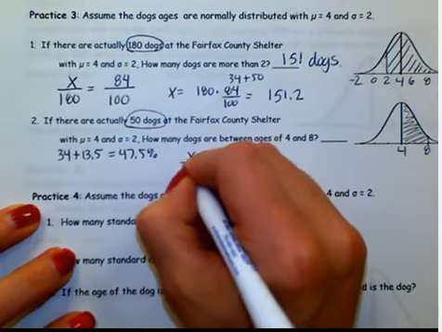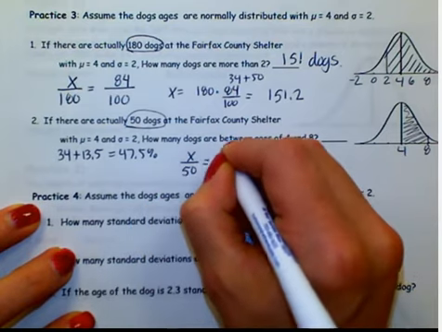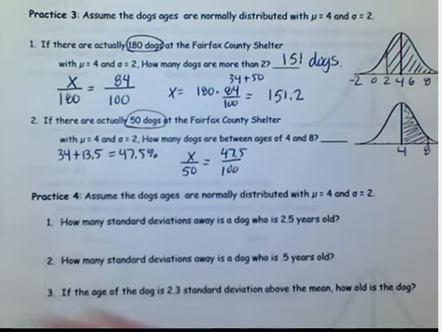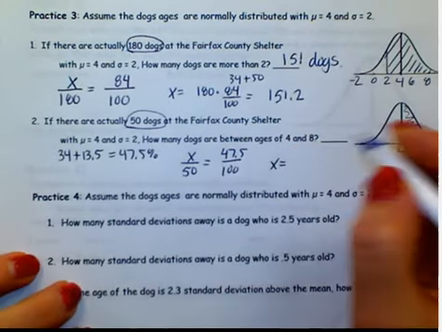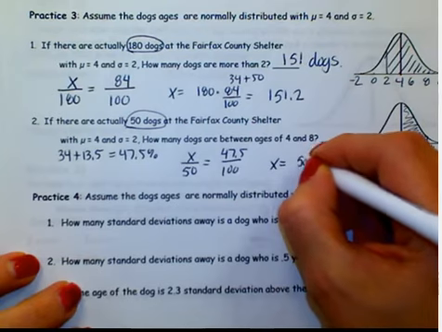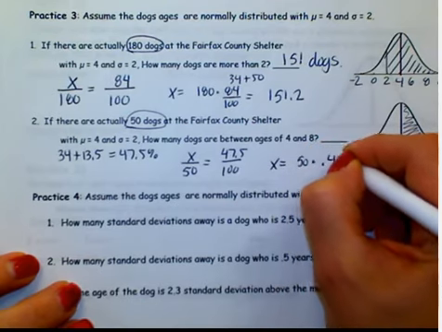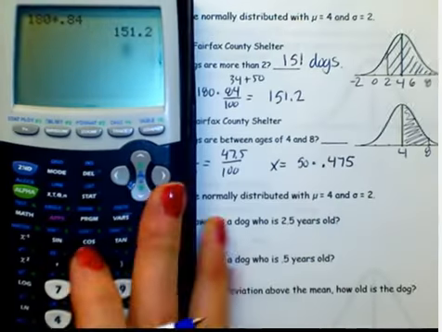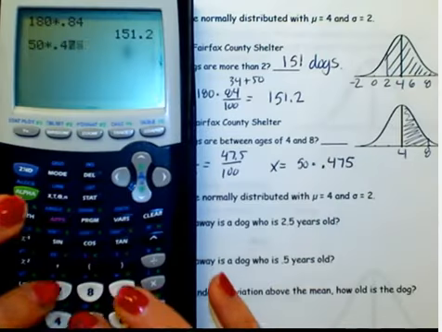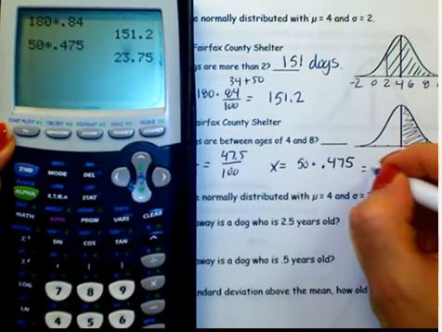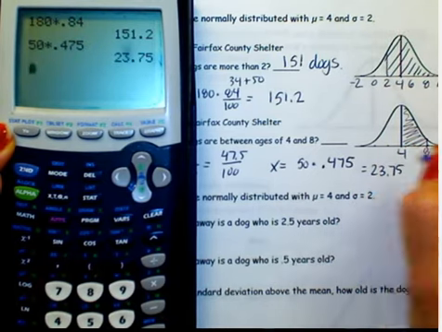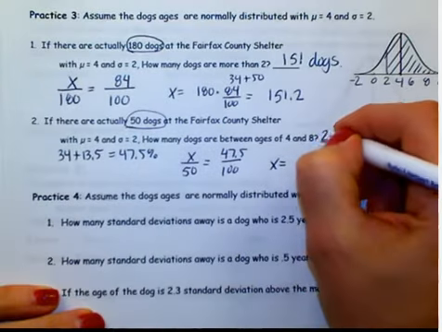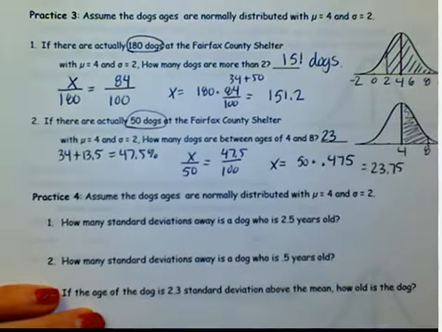So how many dogs out of 50 is 47.5%? Okay. 23.75. I'm still going to round down to the nearest whole number and report only the whole number of dogs.